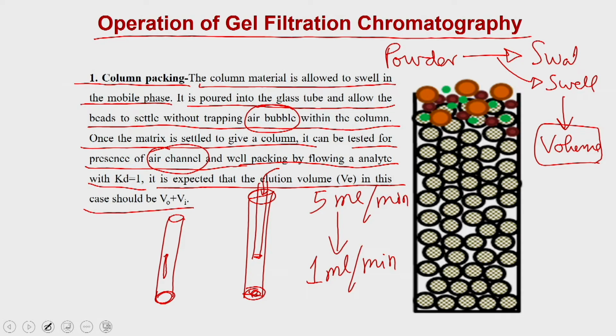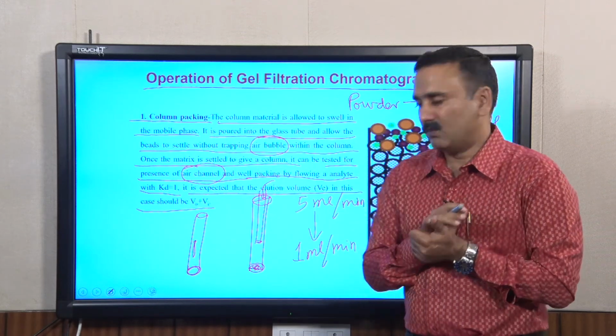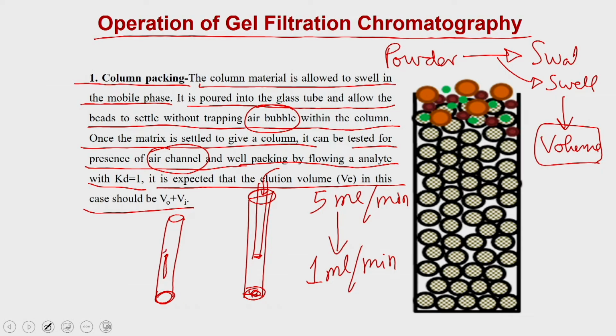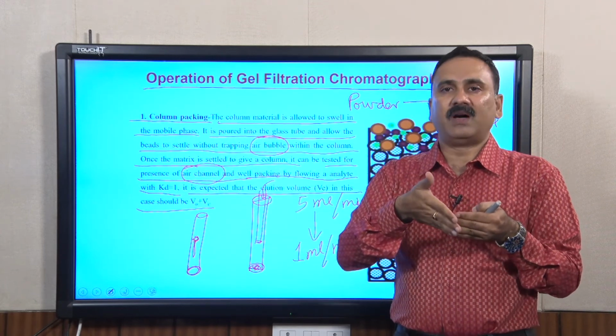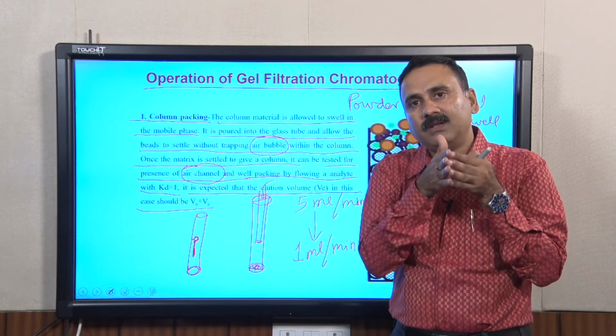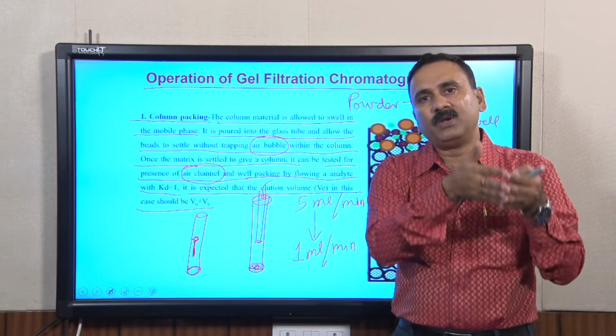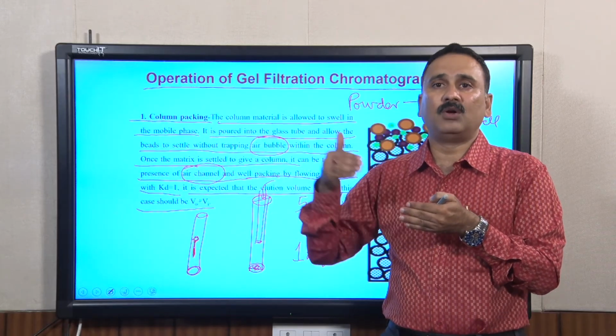So, how is the channel of air going to disturb the overall purification? As soon as the molecules reach this particular channel, they are not going to fractionate between the pores and the aqueous environment, because they have free movement within this channel. They will travel within this channel, and they will not fractionate between the buffer you are using and the pores present on the beads.